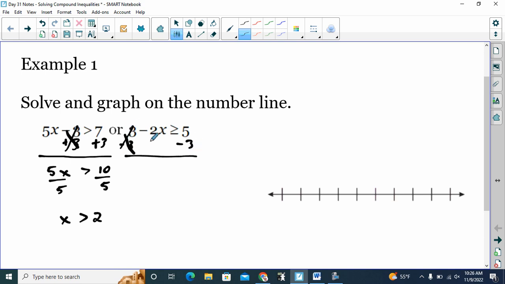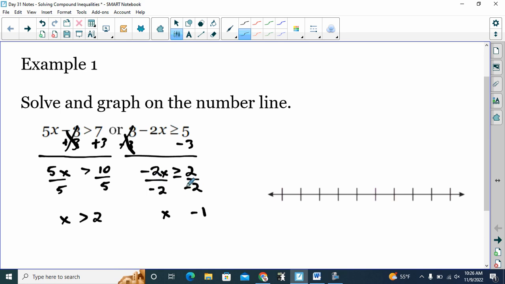So we subtract 3. When you bring down the 2x, don't forget to bring down the minus sign with the 2x. 5 minus 3 is 2. We divide both sides by negative 2, giving us negative 1.